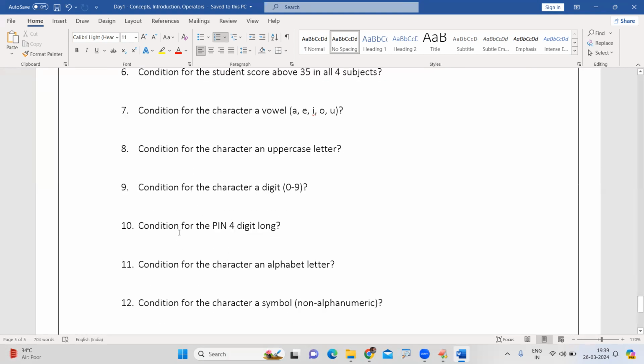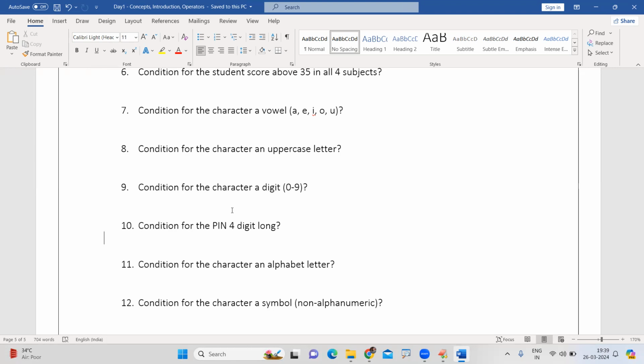Here it is a single digit. Condition for whether the pin is 4 digits long or not. Single digit means 0 to 9. 2 digits means 10 to 99. 3 digits means 100 to 999. So a pin number of 4 digits means 1000 to 9999. So you need to do that.